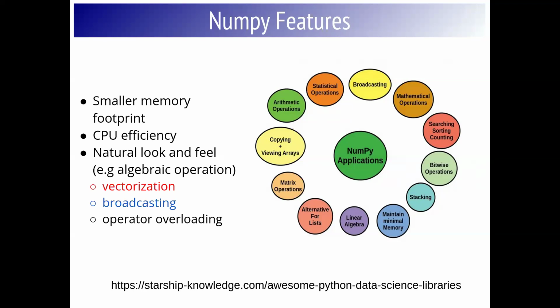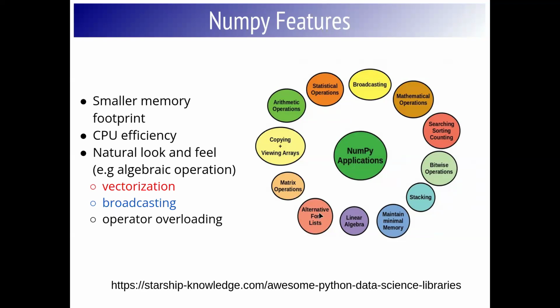NumPy is the basis of everything in Python data science, and with the basic NumPy library itself, you can achieve a lot. But of course, NumPy is just a tiny part of the whole data science. So if we start from somewhere, we can say that NumPy is an alternative for lists.